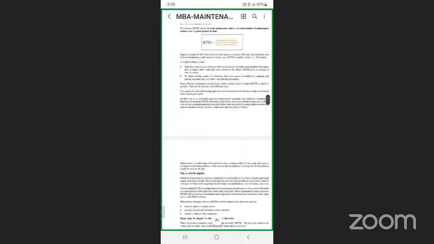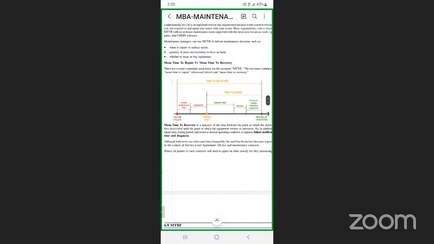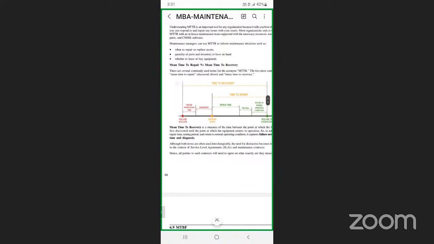He has shown it in a diagram here. Mean time to recover. A failure occurs at the red spot, the initial point where the failure occurred. Then comes the failure notification time, by which time you have been notified that a failure has happened in a particular asset. Then you try to diagnose what the problem is. Here your FMEA can really help you out.